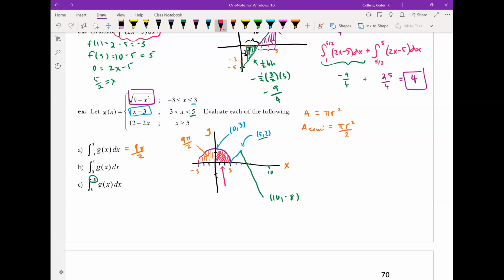Well, that's just half of 9 pi over 2, so that's just 9 pi over 4, or the area of the full circle, 9 pi, divided by 4. But we also have to now include this little triangle from x equals 3 to x equals 5. So again, we know the area of a triangle is base times height divided by 2. The base is 2, the height is 2, so the area of the triangle is 2.